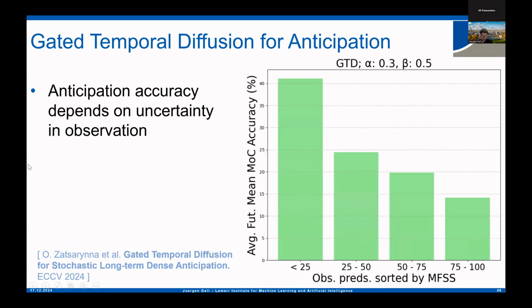One of the nice results is to understand whether the uncertainty in the observation has an impact on the uncertainty I will have in the future. This is what you see in this plot. On the x-axis, we divided the sequence depending on how much uncertainty I have in my observation. We simply measure how consistent the predictions of my diffusion models are for the observation part.